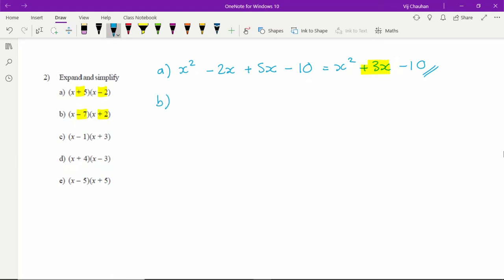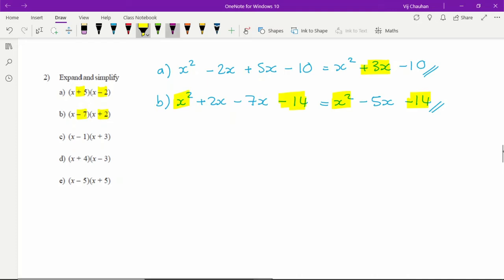So if I look at B, multiplying out the brackets, we get x squared plus 2x minus 7x minus 14. And so I've got x squared, and then I've got plus 2 minus 7, which is minus 5x, minus 14. So as you can see, the x squared is still the same in the answer, the minus 14 is still in the answer, so the only thing I've got to combine are the x's.